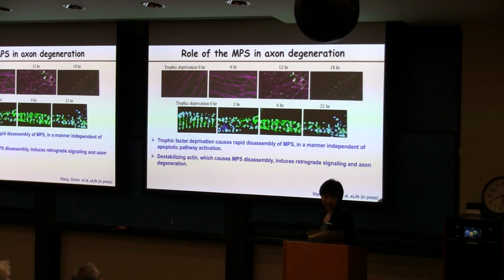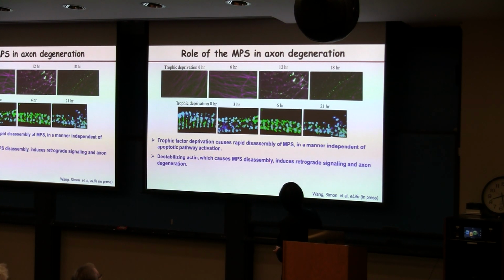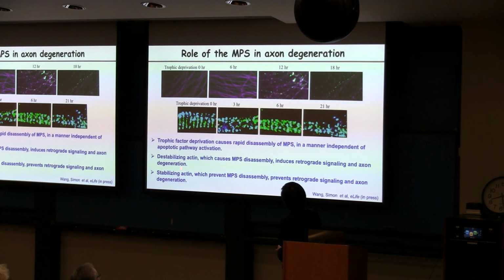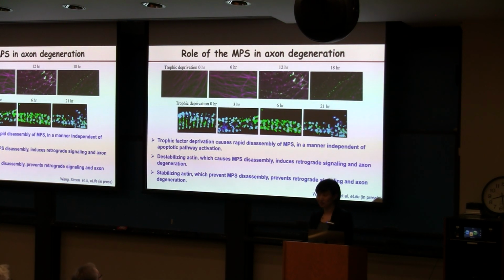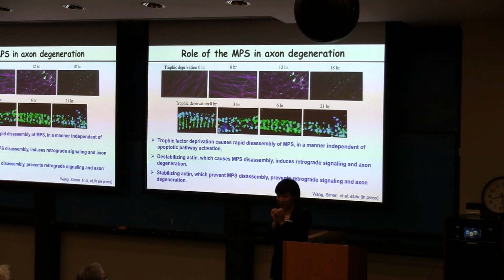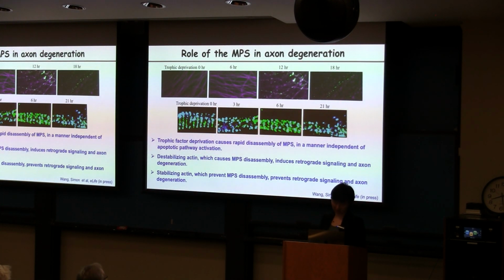And then we found that if we destabilize actin, which causes MPS to disassemble, we could induce this axon degeneration or retrograde signaling pathway. If we stabilize actin, which prevents MPS from disassembling, we can also prevent retrograde signaling and axon degeneration, which shows you that the actual disassembling process of the structure is important for axon degeneration.